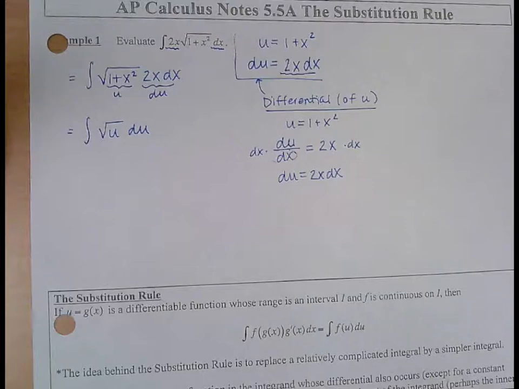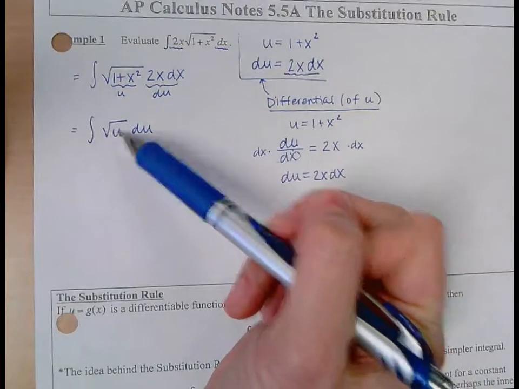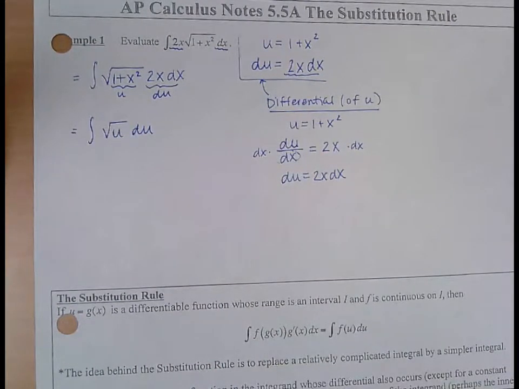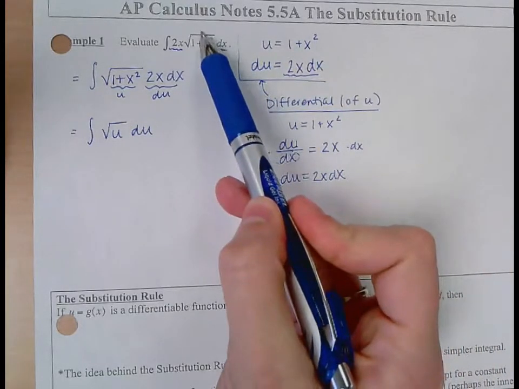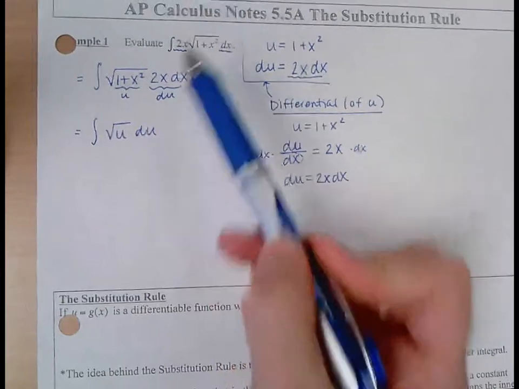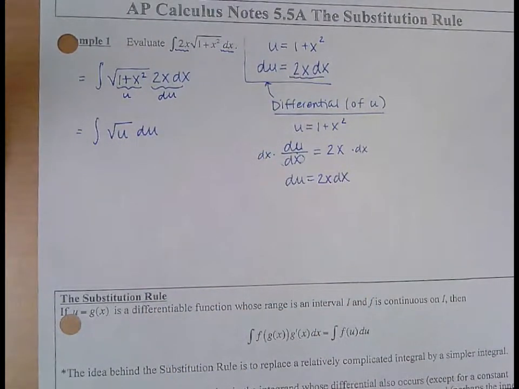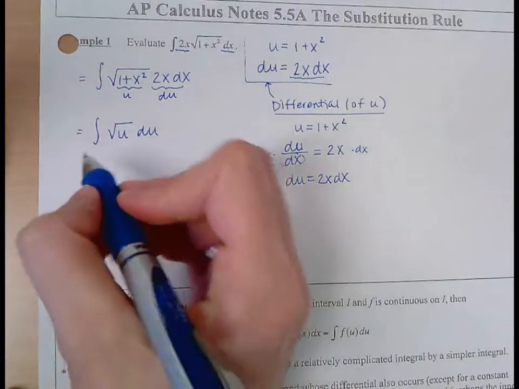And this is nice because if I write the square root of u as u to the 1/2, I can find an antiderivative for that. I couldn't find an antiderivative for this product right here, but I can find an antiderivative for u to the 1/2. So it turns a complicated integral into something simpler that you can actually find an antiderivative for.